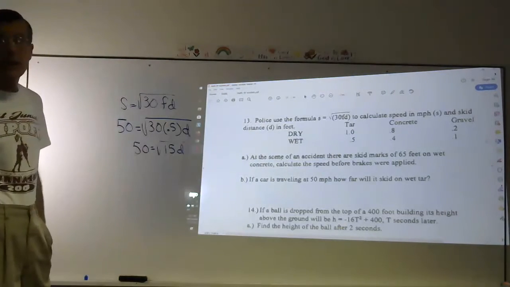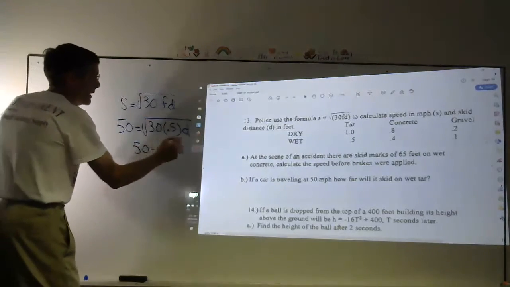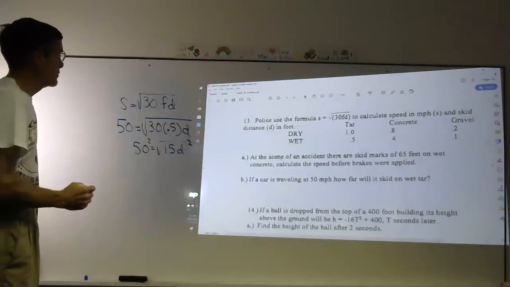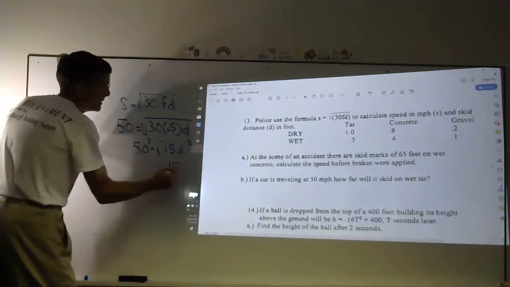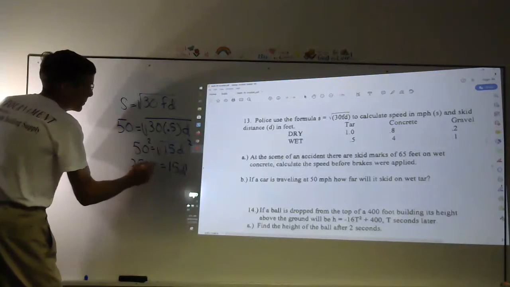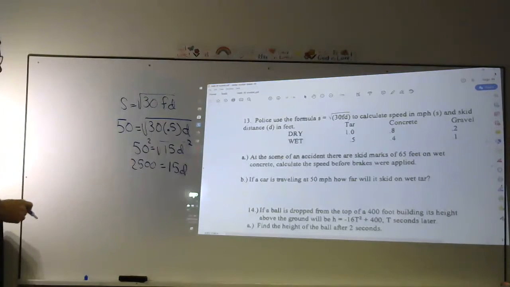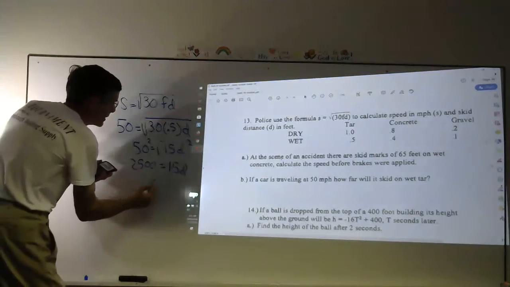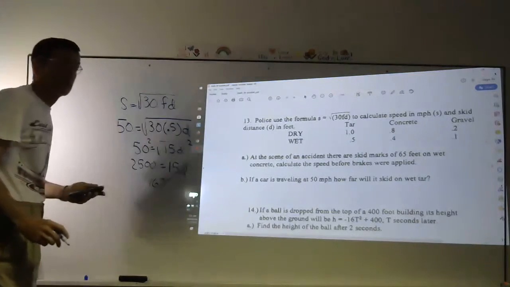It would be very helpful to get rid of that square root sign. How do I do it? Square both sides. Okay, so if I square both sides, I get 15D is equal to 50 times 50, which is 2,500. Okay, so if you are traveling at 50 miles an hour on wet tar, you are going to skid for 167 feet.